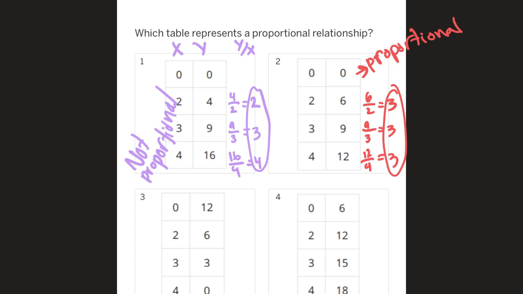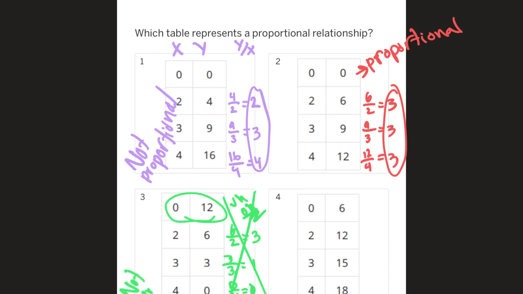Okay, the next one is pretty simple because it's not starting at 0, 0. So that's really bad. But also, if we were to look here, 6 divided by 2 is 3. 3 divided by 3 is 1. And 0 divided by 4 is 0. So these are also not the same. So this just in general is not proportional.